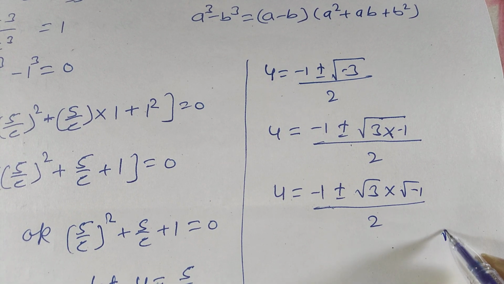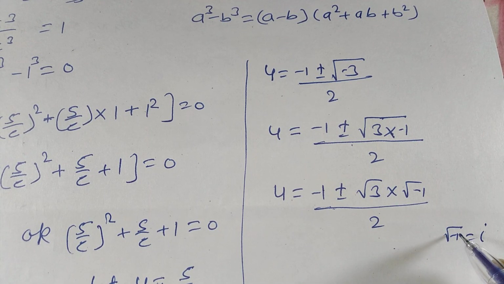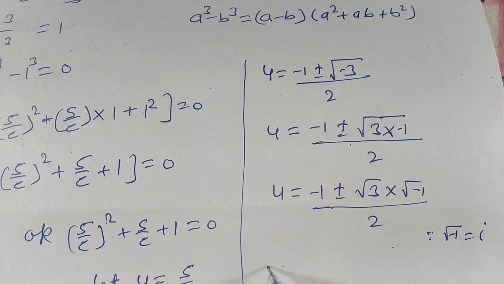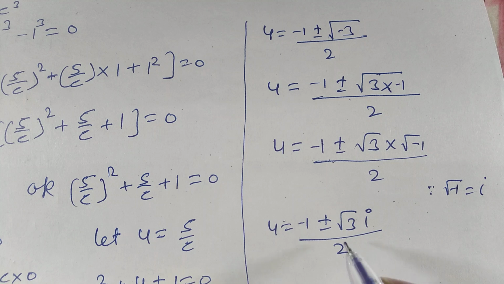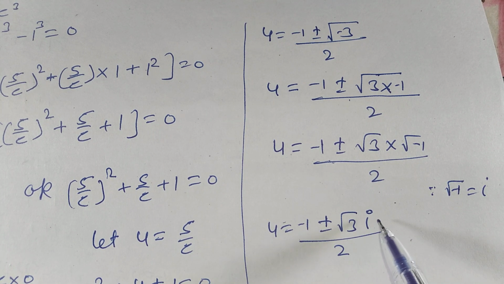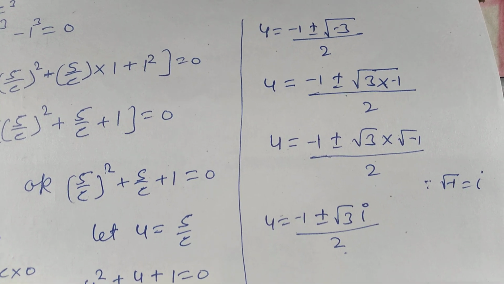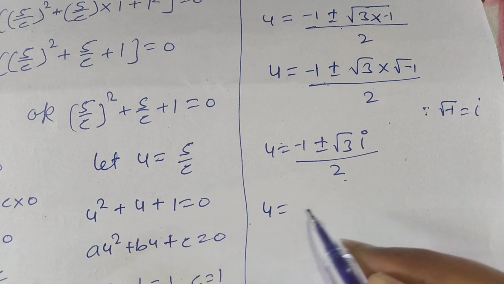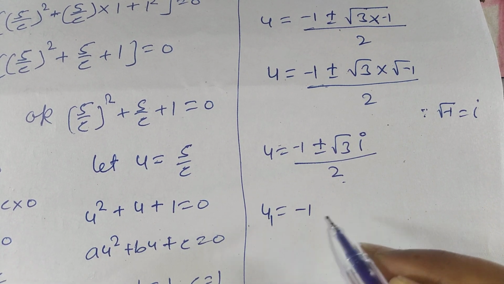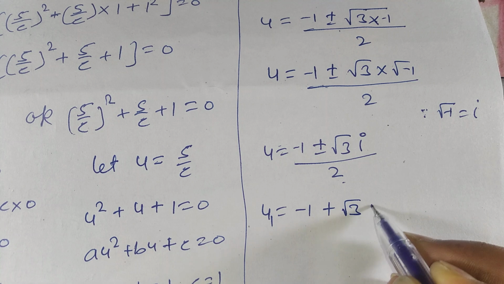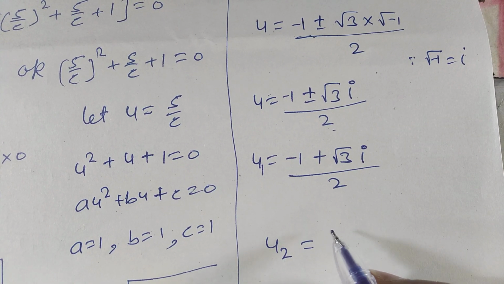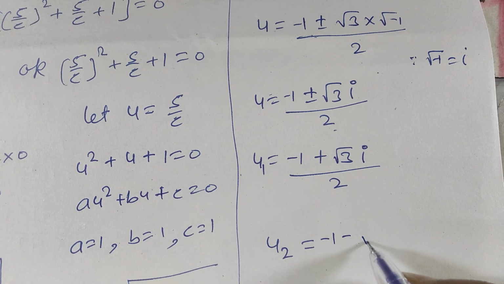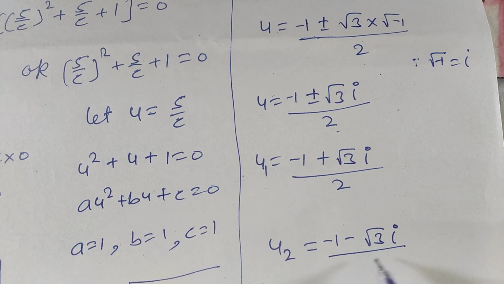Square root of minus 1 is equal to iota. u is equal to minus 1 plus or minus square root of 3 iota over 2. So u1 is equal to minus 1 plus square root of 3 iota over 2, and u2 is equal to minus 1 minus square root of 3 iota over 2.